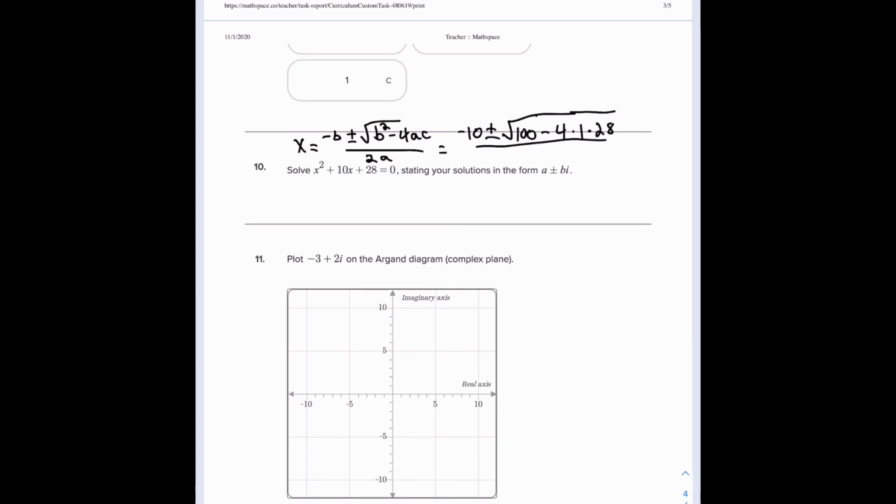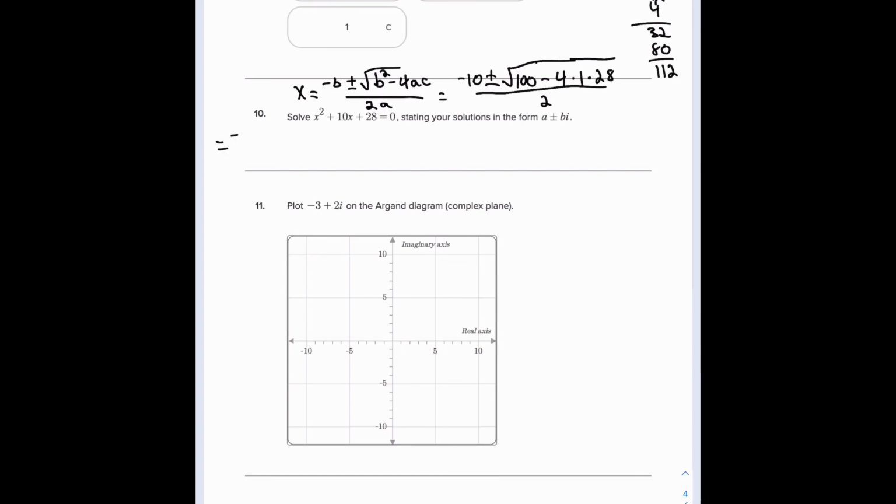This is all over 2 because a is 1. So let's do some quick math. 28 times 4 is going to be 32 plus 80. Again, 112. Okay, so we're going to have negative 10 plus or minus 100 minus 112 all over 2.